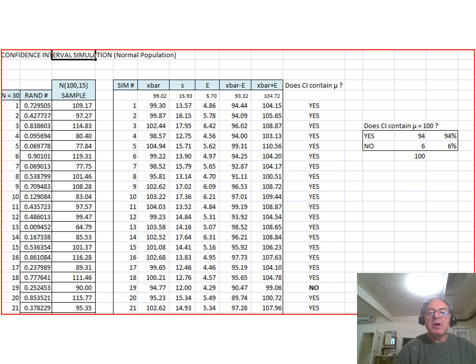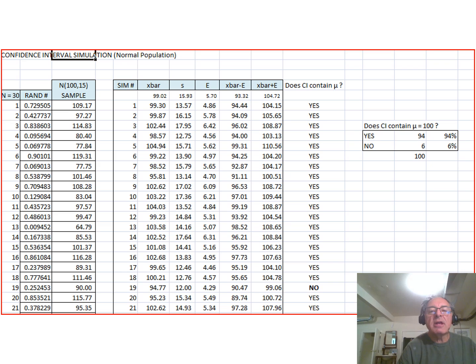Confidence intervals are also difficult to explain. In a confidence interval, what we're asking is, if we repeat the experiment multiple times, will the confidence interval contain the unknown variable mu? And so again, this strikes me as a very good thing to do by simulation.